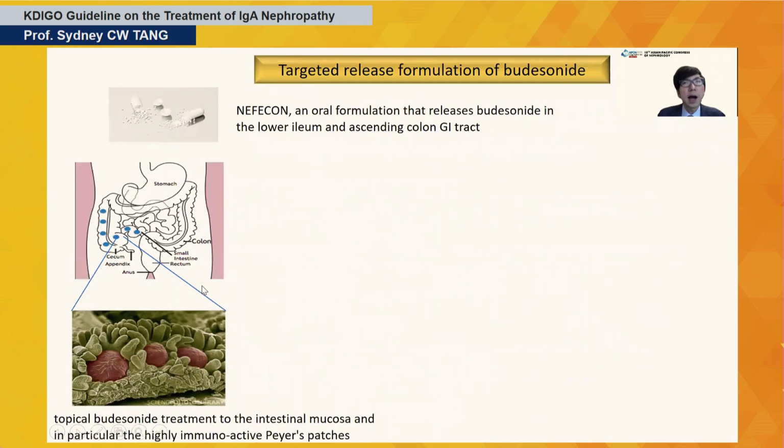Now, this targeted formulation, or the Nefficon, is an oral formulation, okay, of budesonide released specifically in the lower ileum, in the ascending colon of the GI tract, particularly targeting the Peyer's patches, because these are areas that are believed to be vested with lymphoid tissue and therefore highly immunoactive.